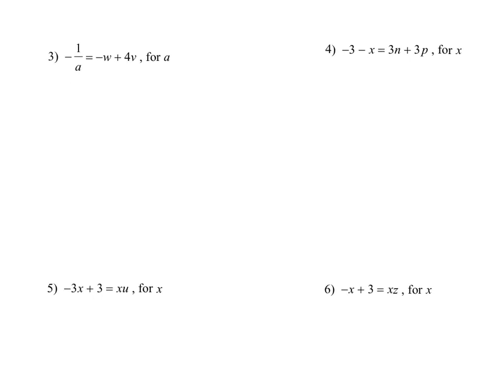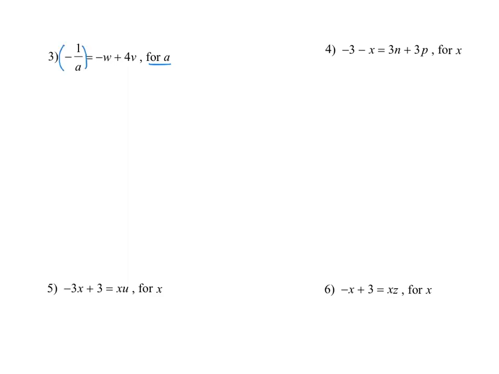All right, number 3. This one has numbers. Don't get freaked out. It is the exact same principle the entire time. In this one, I need a again, but I have a in the denominator of this fraction. So how do you get a or anything out of the denominator? By multiplying.